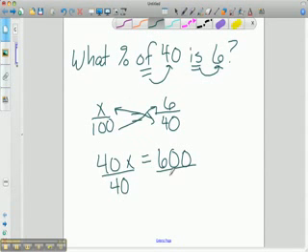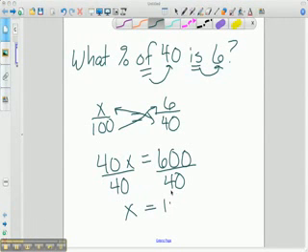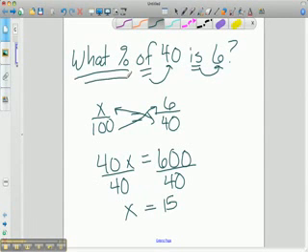And to solve for x, you would divide both sides by 40, and you get x equals 15. Okay, so that's how to solve if the percent is what's missing. So the solution would be 15%.